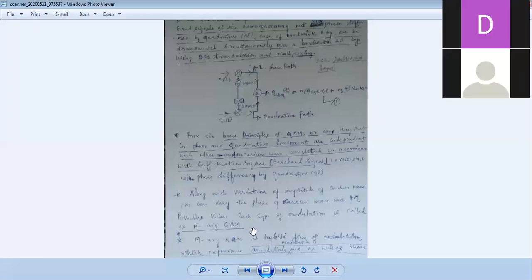Please mind it: in MPSK, QPSK or BPSK, we only vary the phases, whereas M-ary quadrature amplitude modulation uses both amplitude modulation and phase. In M-ary QAM, we use two different signals, two different symbols, whereas MPSK, QPSK or BPSK transmit only one symbol by varying only the phase of the carrier.